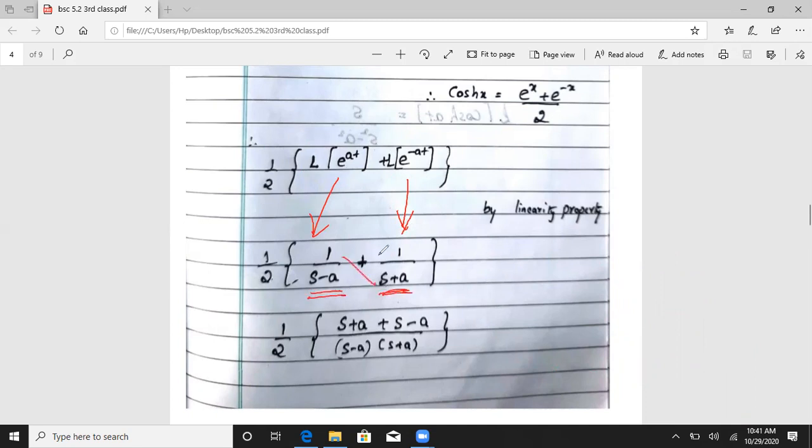When we cross multiply, we get s plus a plus s minus a in the numerator, and in the denominator s minus a into s plus a as it is.